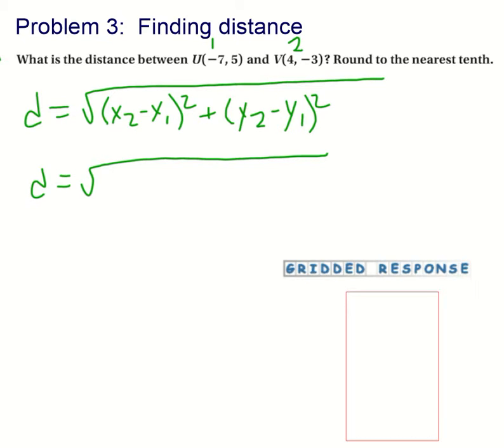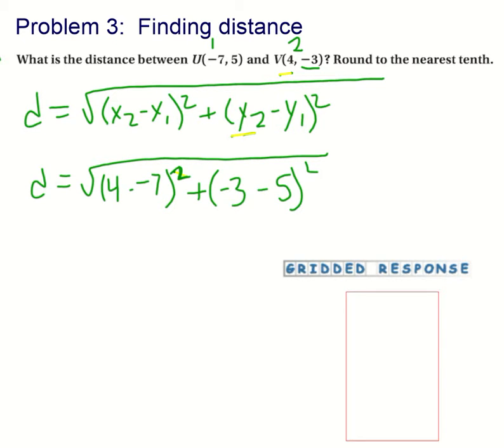For the x2, we're going to plug in the x of the second ordered pair. So we're going to have 4 minus the first one, -7, squared, plus, well, the y of the second ordered pair, -3 minus 5, squared.